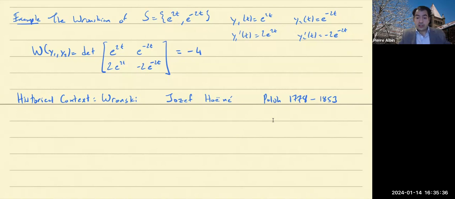1778. So to understand Wronski's early life, let's talk a little about Poland in the 18th century. So the end of the 18th century was a bad time for Poland. I say Poland, I should really, more correctly, say the Polish-Lithuanian monarchy, but we'll just stick with Poland.